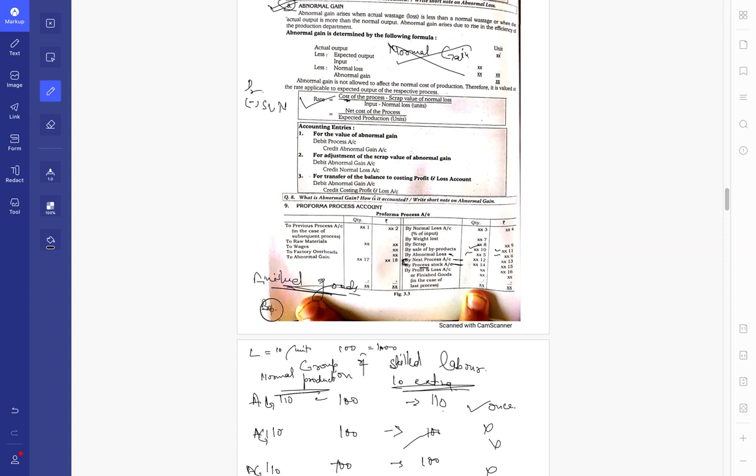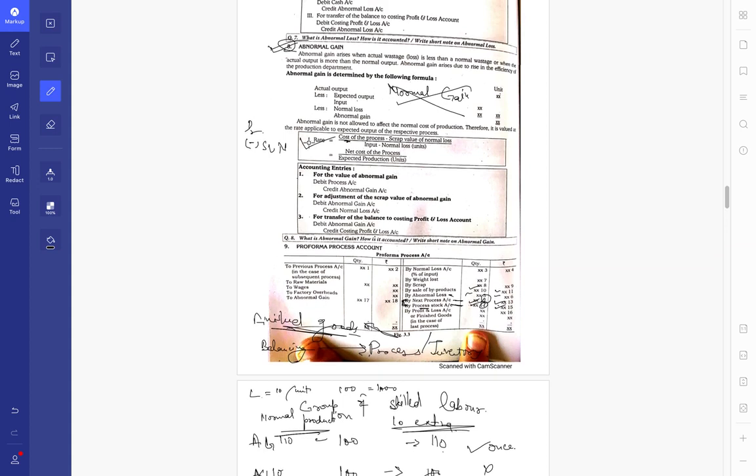The balancing figure which needs to be transferred to the next process or your inventory, that is your finished goods over here, whatever needs to be transferred goes here. The quantity will be given as balancing figure and the rate you can either calculate by this formula or the balancing figure again. If not given in the question, you can calculate the rate and then multiply it with the quantity you found out and get the total amount.